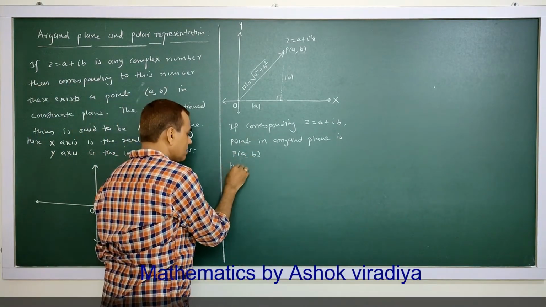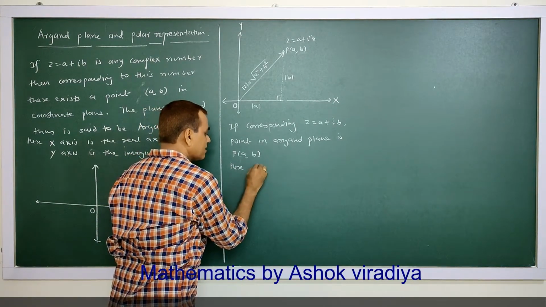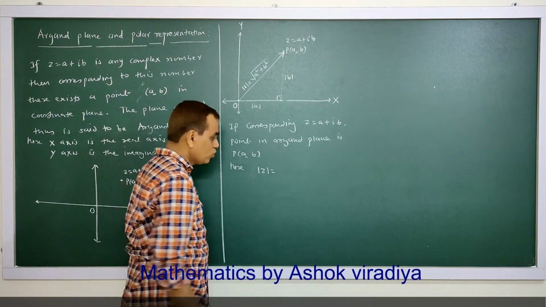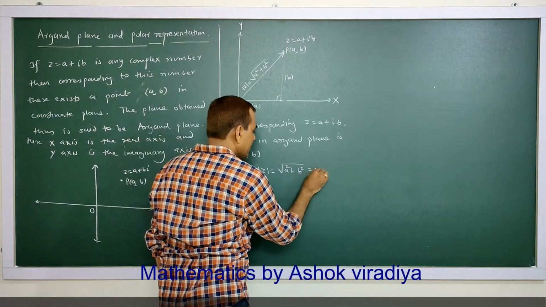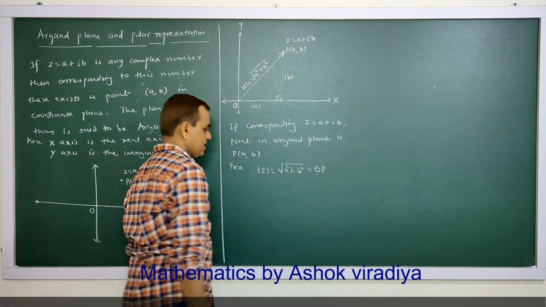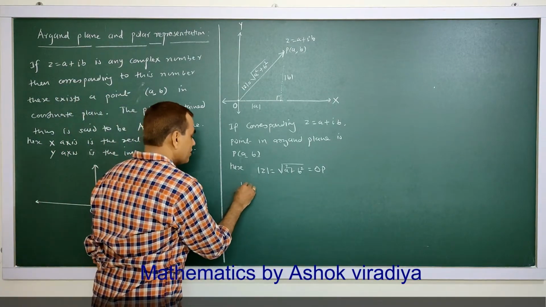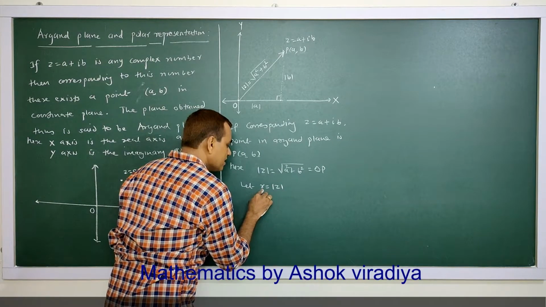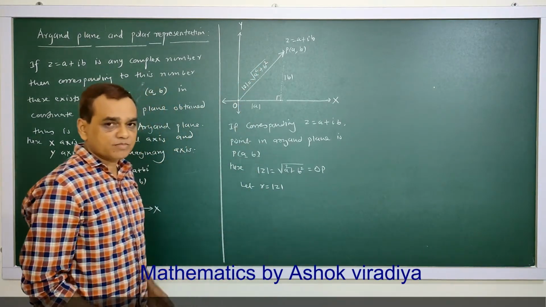Here, the modulus of z is equal to root a square plus b square. It is nothing but the length OP. Let me denote the modulus of z as r. Suppose that this length is r.